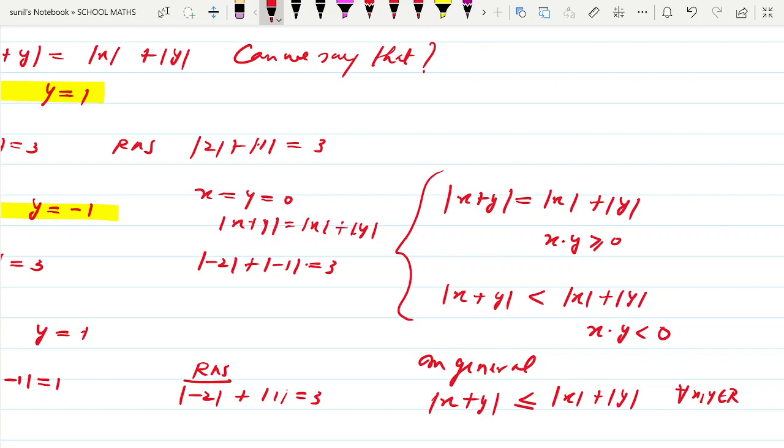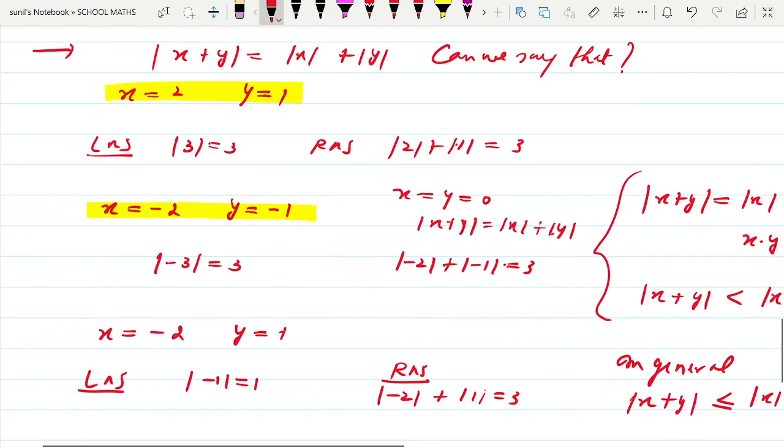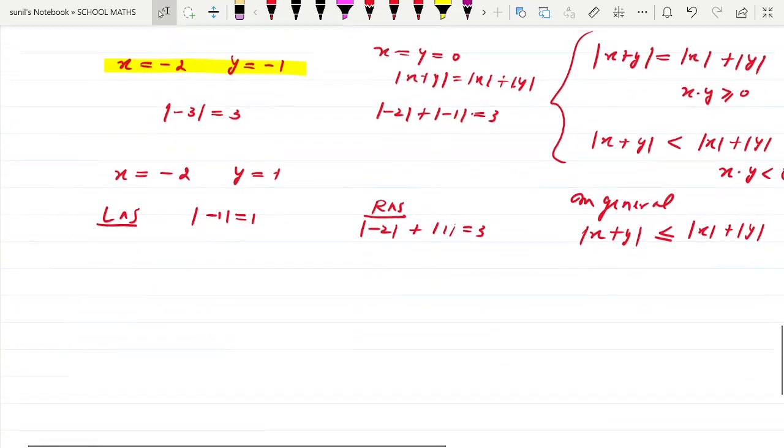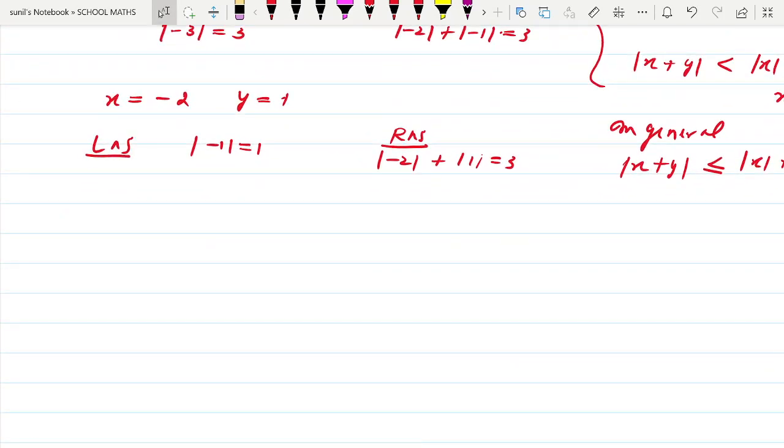Okay. Now some important conclusions. Let us understand those conclusions as well. Now my question is, mod x is equal to x, when will it hold true? It will hold true when x is greater than or equal to 0.